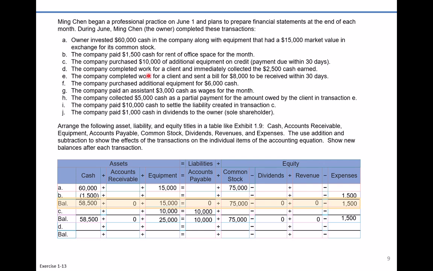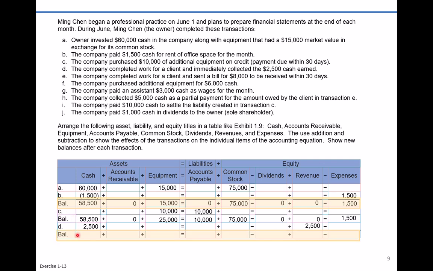That must be service revenue, or revenue as we have on our account here. So the two accounts involved would be cash, which would increase by 2,500, and revenue that would also increase by 2,500.